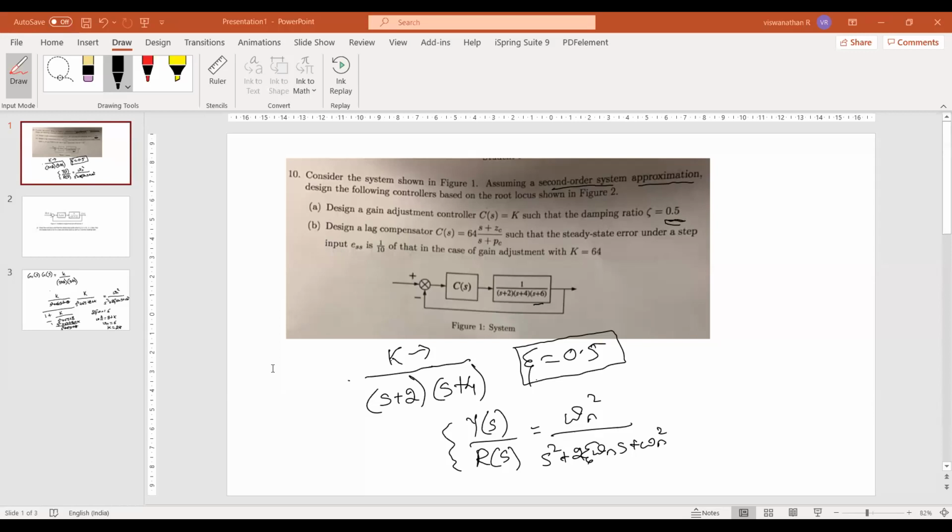So get this. So this opens, close this one and expand this thing.